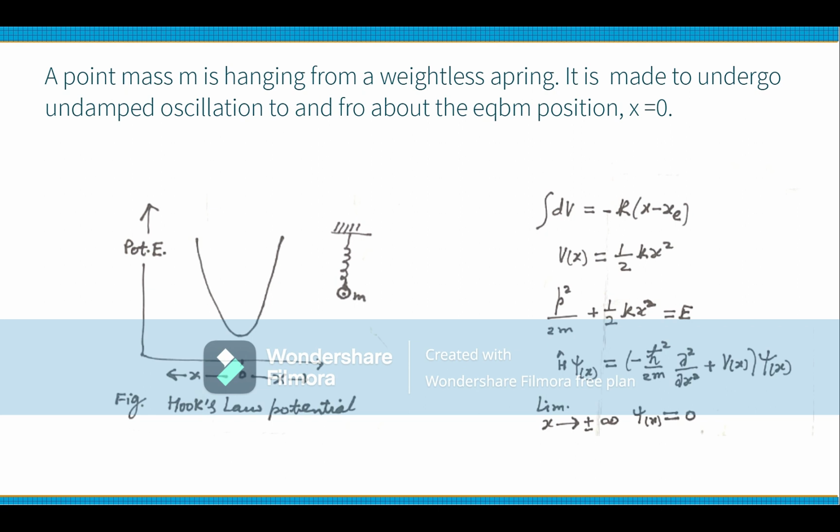If we want to calculate the potential energy factor, then integrate dV, again integrate minus k is a constant, x minus xe, that is change in the internuclear distance. This can be replaced by dx. And when we solve this, we get the value Vx equal to half kx square.